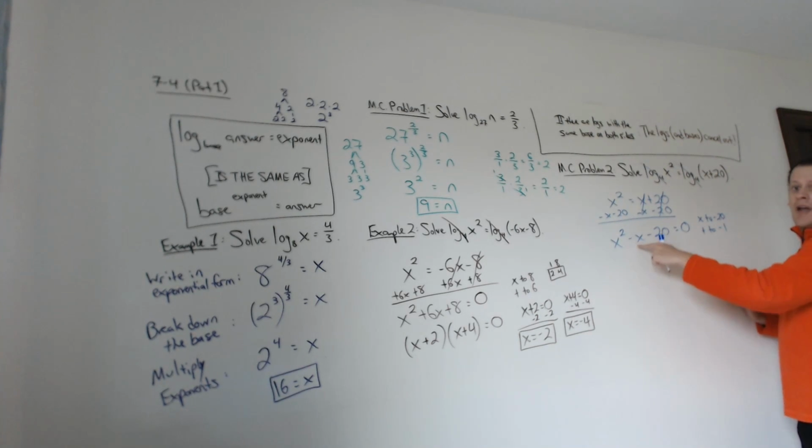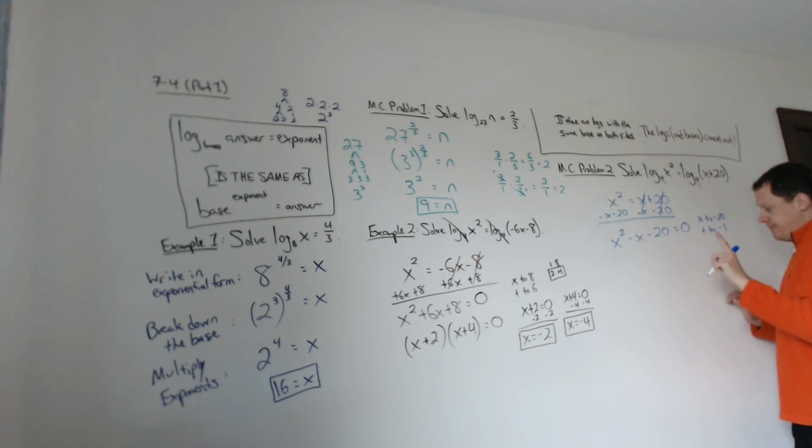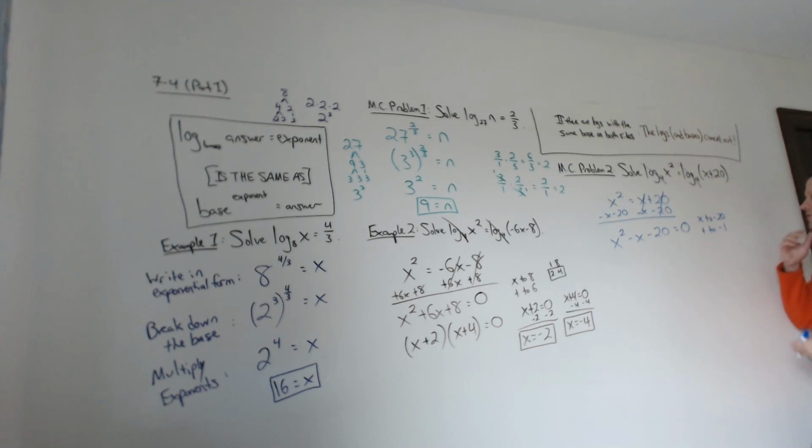Remember, if that's just a minus x, the coefficient, the number in front of x, is a negative 1. So we need numbers that do this. Numbers that multiply to negative 20, 1 and 20. Those aren't going to add to negative 1. 2 and 10. No, they're too far apart. 3 doesn't work. 4 times 5.